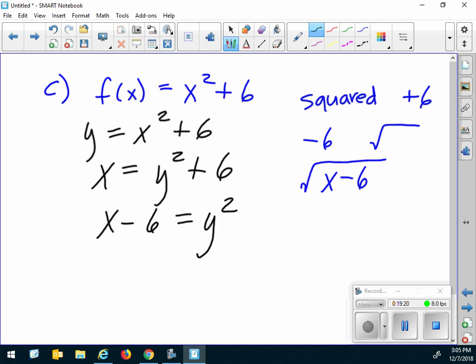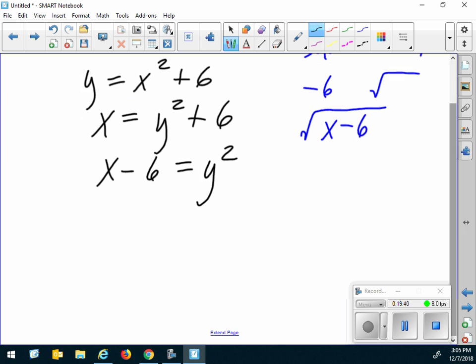If I put a plus or minus, how many answers am I going to have? 2. I don't want a plus or minus. I just want one answer. So I'm just going to do square root. I'm not going to put the plus or minus because I just want the one answer I started with. I'm not breaking the law.